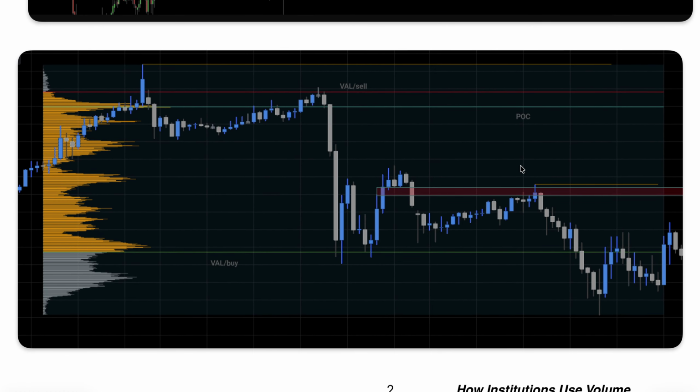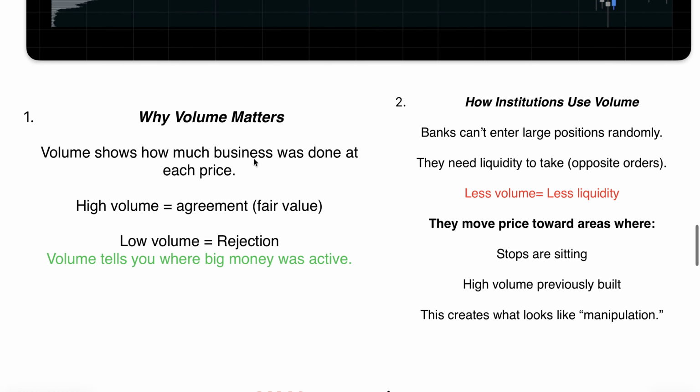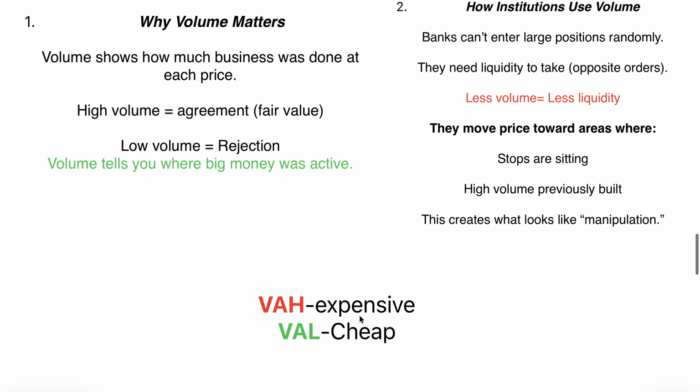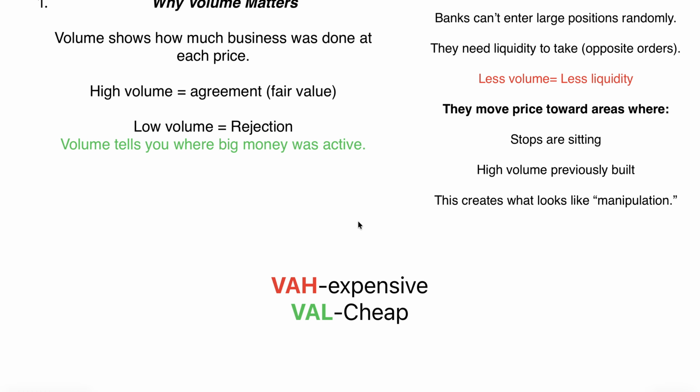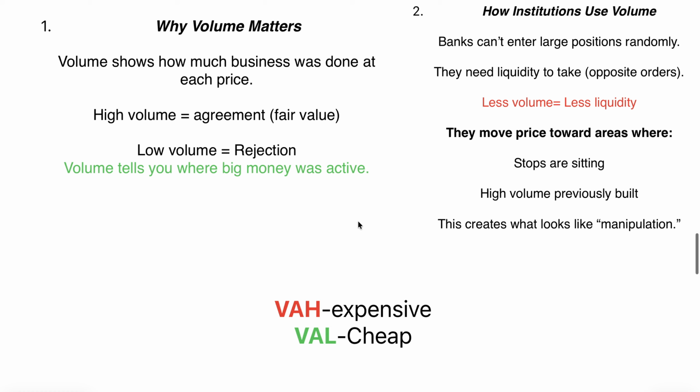For example, these areas, these are the targets that they want to reach. Areas where there's a lot of volume, that way they can trade price in the area because they think that price is fair. Now again, this is just a quick recap of volume and volume profile.